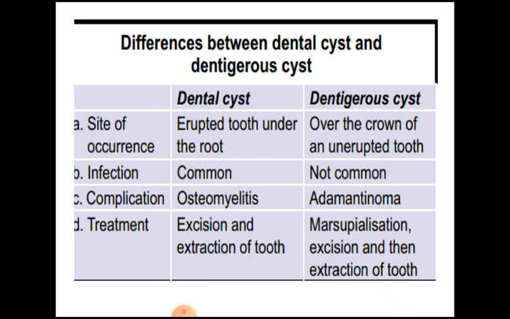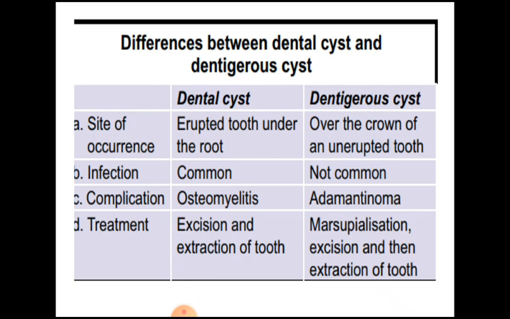Dental cyst is related to the root of an erupted tooth that is infected, while dentigerous cyst is over the crown of an unerupted tooth. Dental cyst causes complications like osteomyelitis. Dentigerous cyst may turn to a locally malignant tumor, adamantinoma.